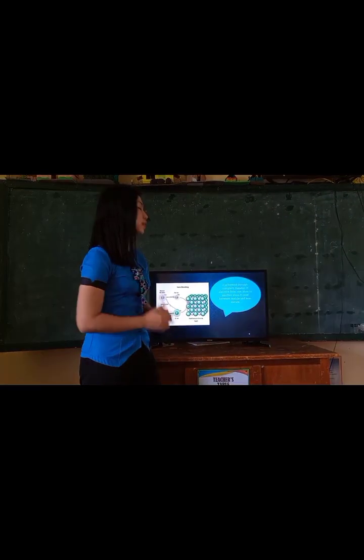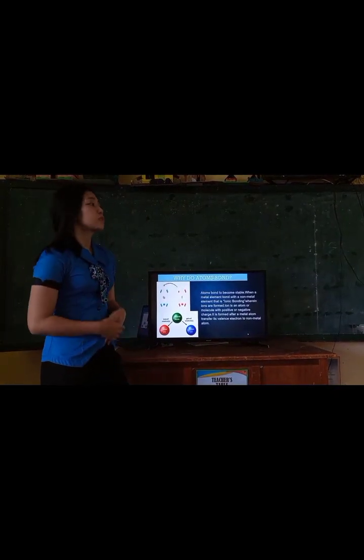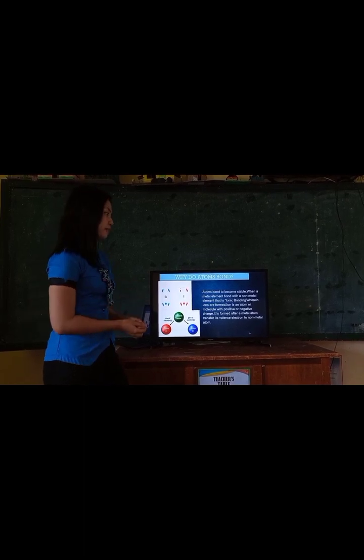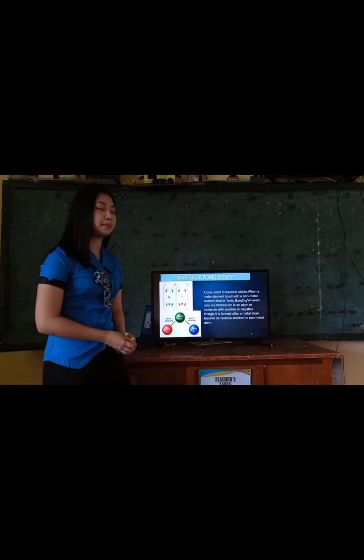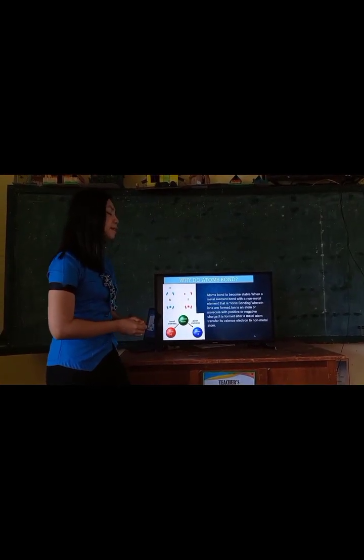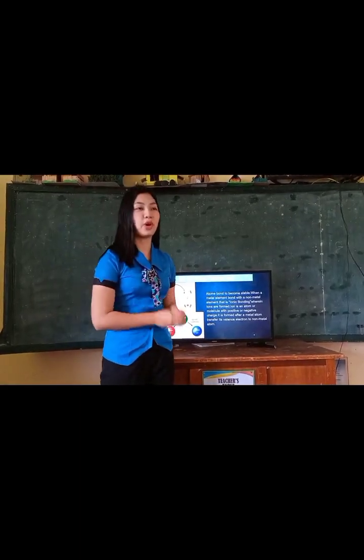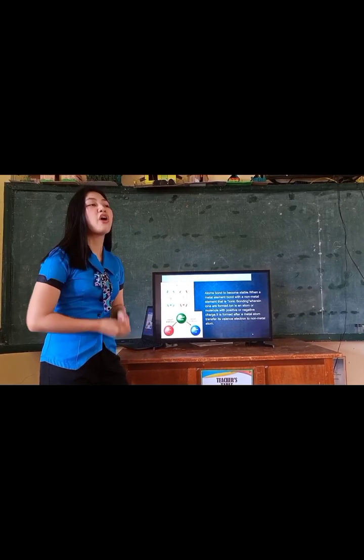It exists between metals and non-metals. So, why do atoms bond? Atoms bond to become stable. When a metal element bonds with a non-metal element, that is ionic bonding, wherein ions are formed.